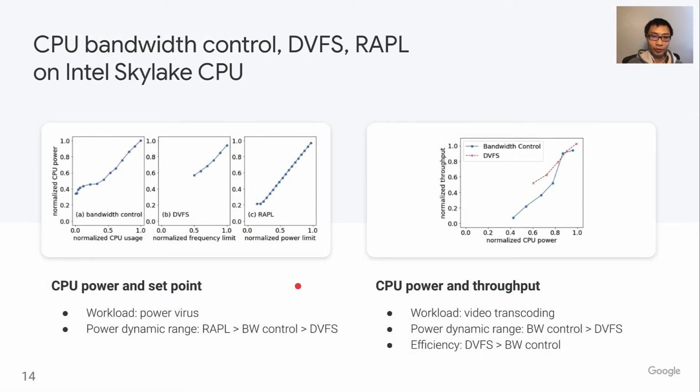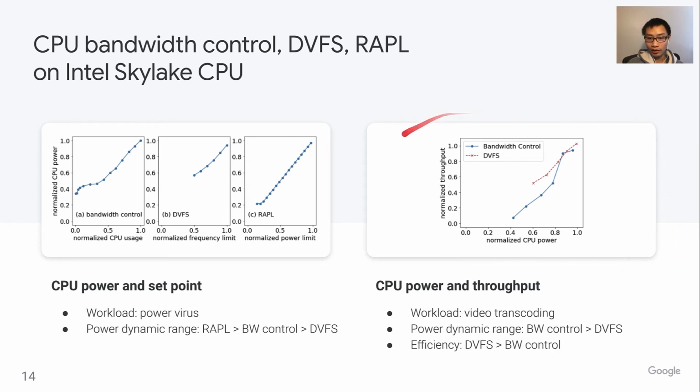We have tested the three mechanisms on an Intel Skylake CPU. On the left, we run a power virus workload and plot normalized CPU power versus normalized set point of the three mechanisms. We can see that RAPL has the widest power dynamic range. Bandwidth control also has a fairly wide power dynamic range, but DVFS has a quite limited dynamic range.